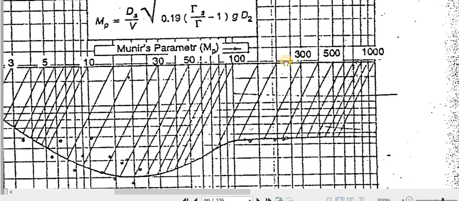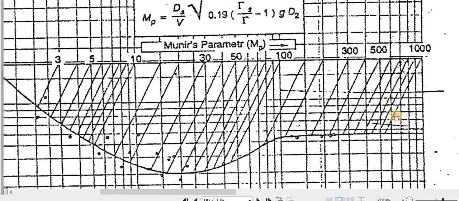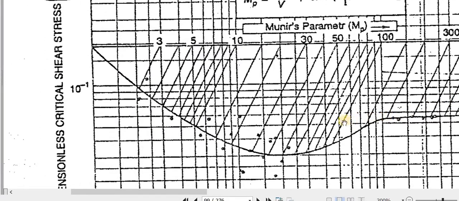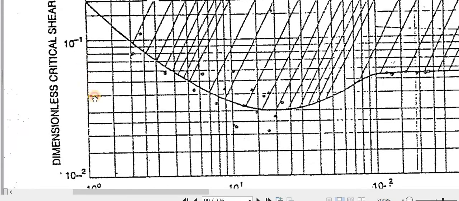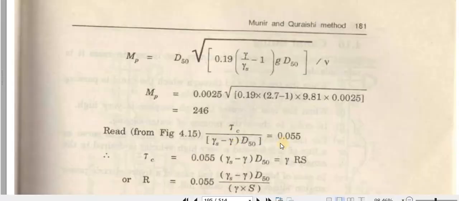For example, if here is 246, we have to come parallel to these lines up to this point, and then go to the y-axis. Here will be the value of dimensionless critical shear stress. Now it is 0.055.